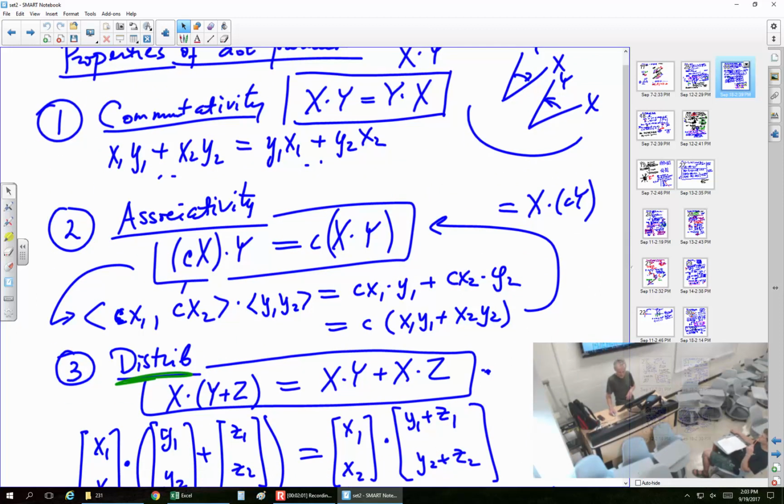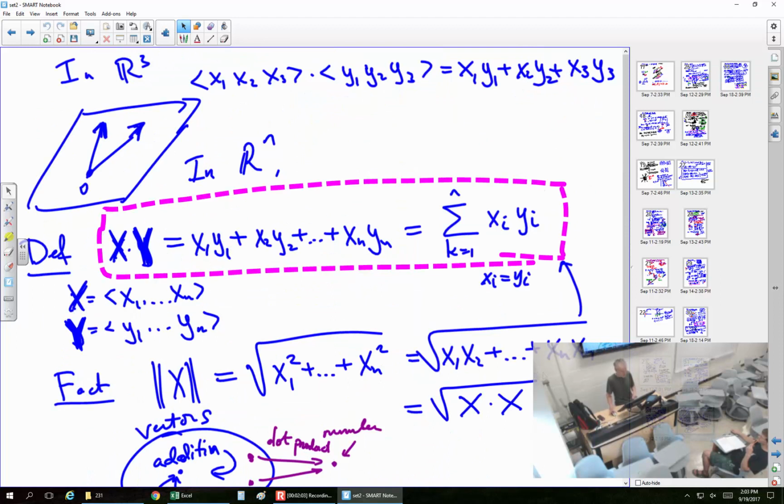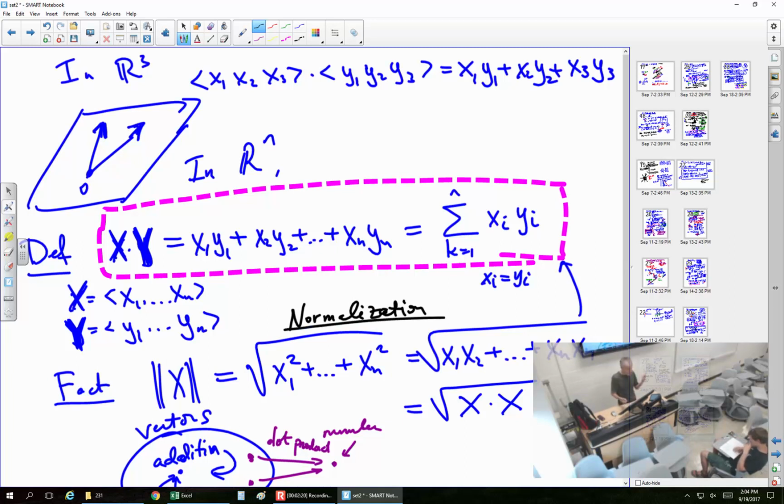Okay, and so now properties that are more geometric, which reveal the purpose of the dot product in the first place. It is called the normalization property. And the second one is the angles.